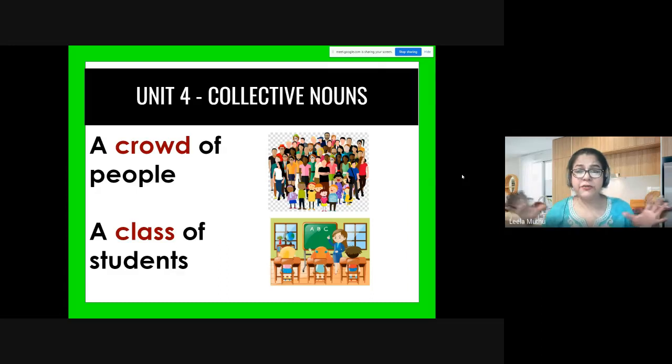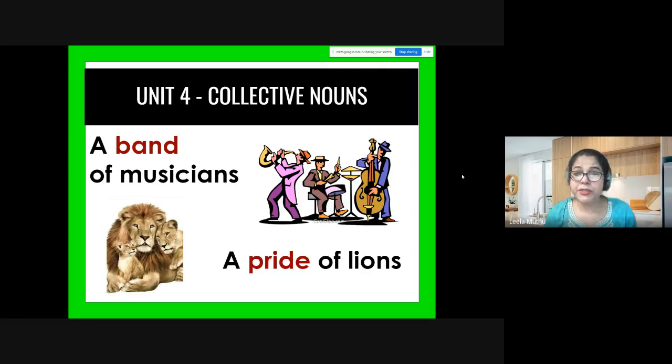Now, when you take a crowd of people who are behaving in a disorderly manner, you usually call them a mob. All right? Then a class of students, a band of musicians. Like I already told you in our last class, when the number of musicians playing on stage is small, we usually call them a band.